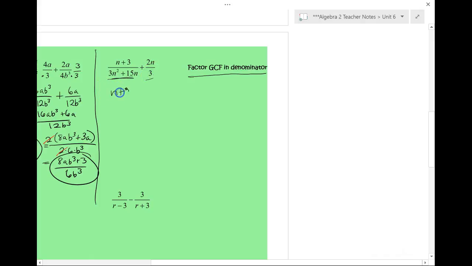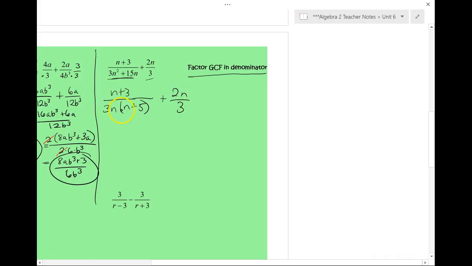So now I'll rewrite this as n plus 3, and then I'll factor out a 3, and I can also factor out an n. And so now I'll have 3n, and I'm left with the n here, and then a 5 here. And then it's plus 2n over 3.